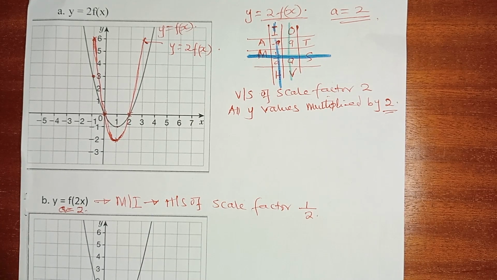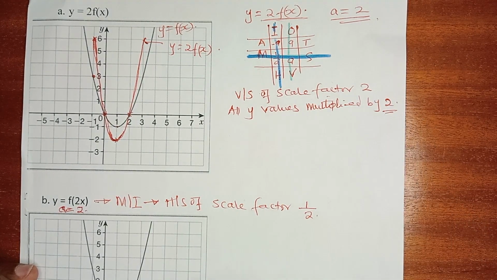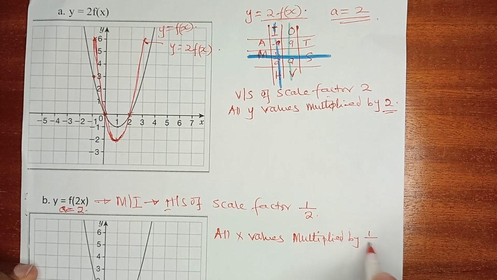What does that mean? Horizontal stretch of scale factor 1 over 2, just like we have 1 over a here. It means all x values are to be multiplied by a half.